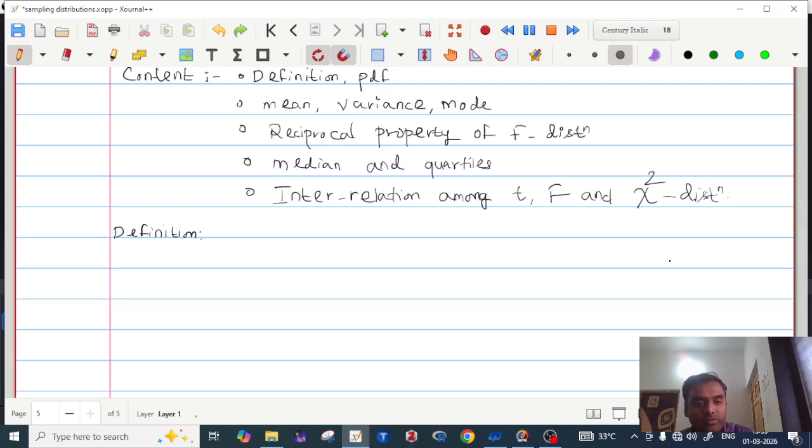Suppose we have two independent random variables U and V, and both are chi-square. Suppose U follows chi-square with n1 degrees of freedom, V follows chi-square with n2 degrees of freedom, and both are independent.